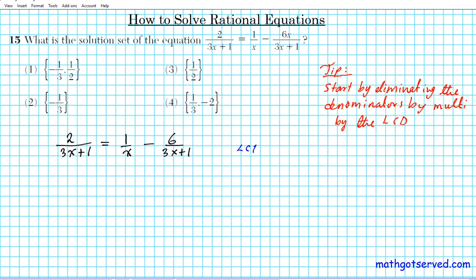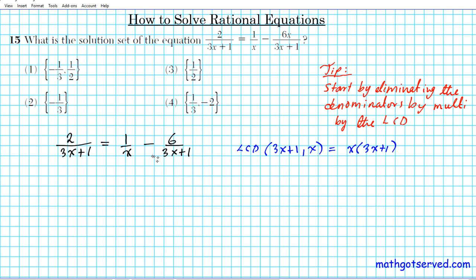So the LCD of 3x plus 1 and x is the binomial expression that these two can go into evenly. So since there are no common factors, it's simply going to be x times 3x plus 1. Okay?